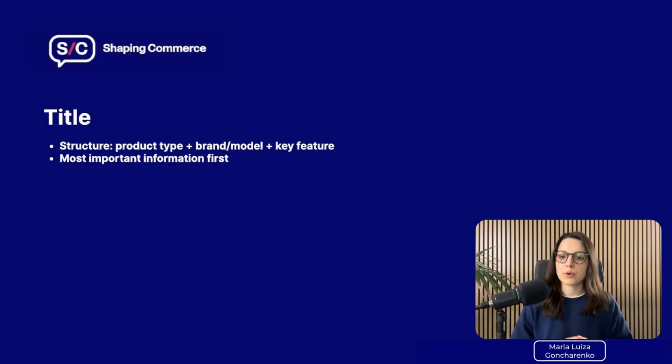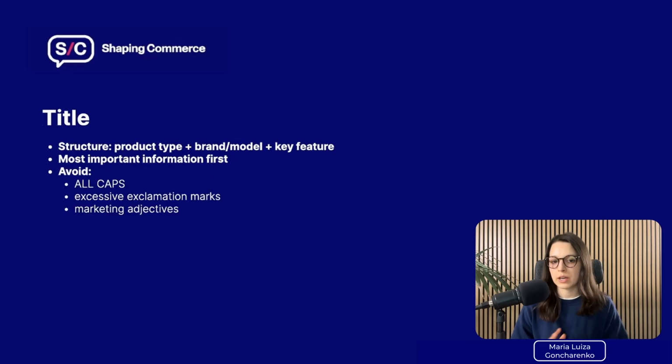And the most important information should come first. And also remember to avoid using all capital letters or too many exclamation marks or adding marketing adjectives. A clear, structured, and logical title increases the chance that the product will be correctly categorized.